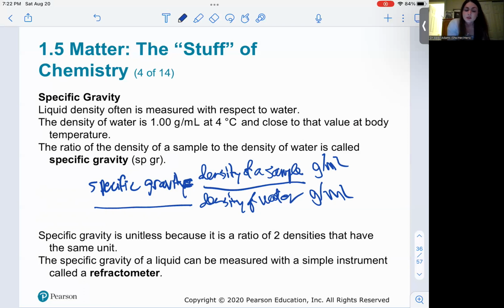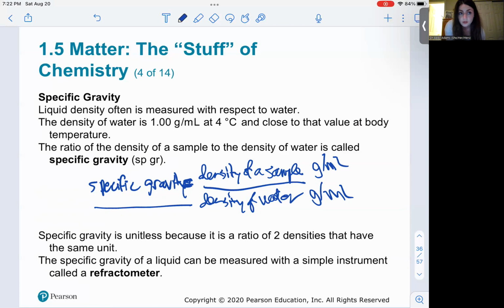You can measure specific gravity with something called a refractometer. You'll see these in marine labs, and that's helpful whenever you're determining salinity. That can just be one tool that you can use to make sure that the water for your animals is adjusted to what it should be.